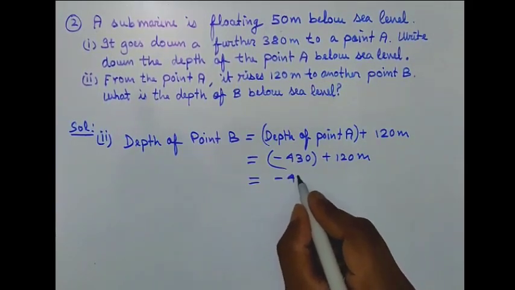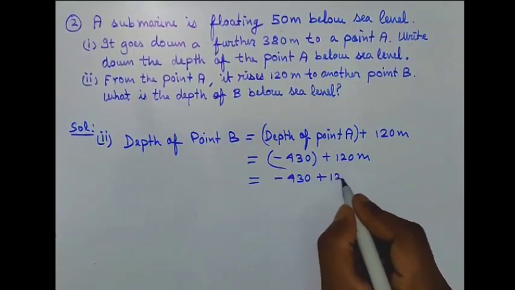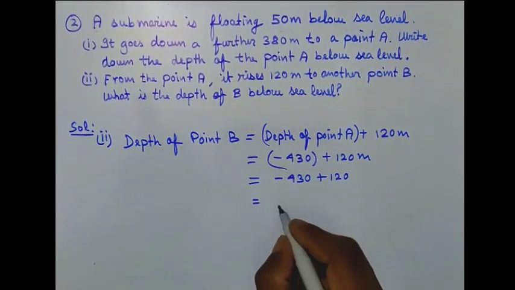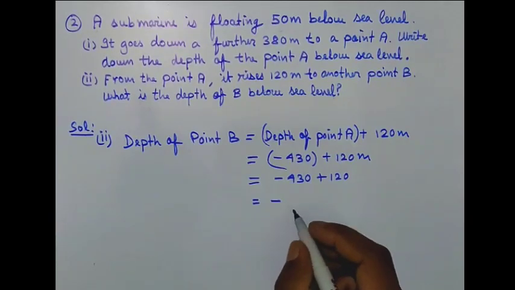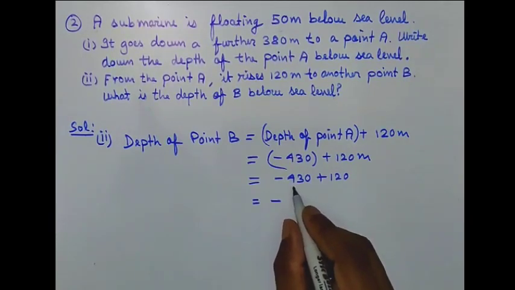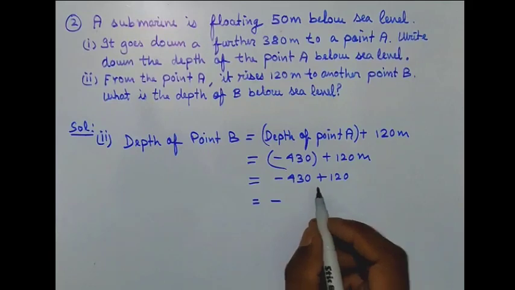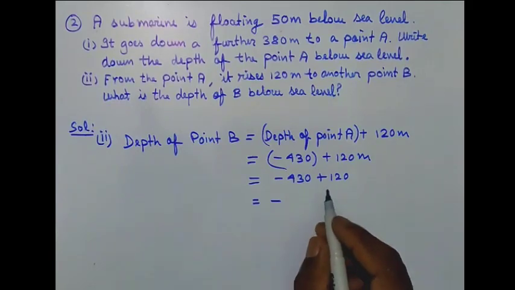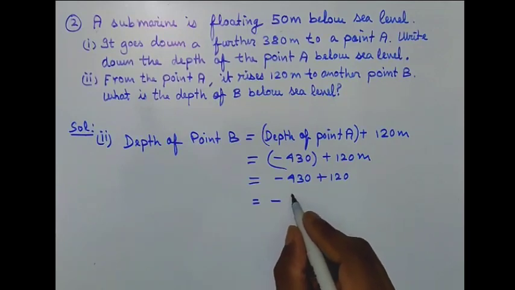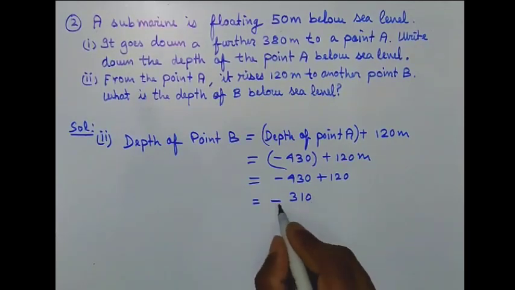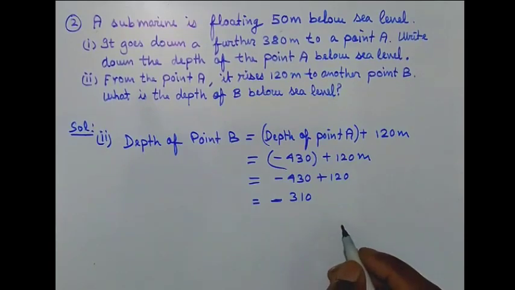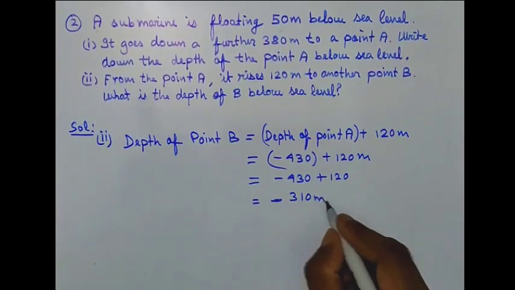So minus 430 plus 120 means the negative sign is greater. So negative sign will remain here and we'll subtract the two. So 430 minus 120 will give us 310. So minus, or you can say negative 310 meter.